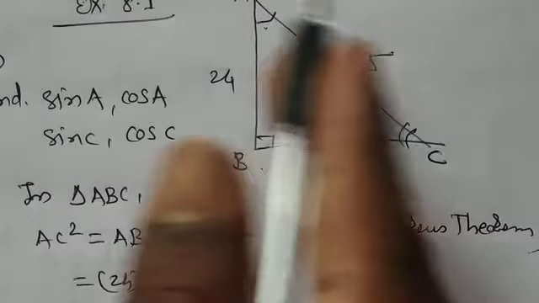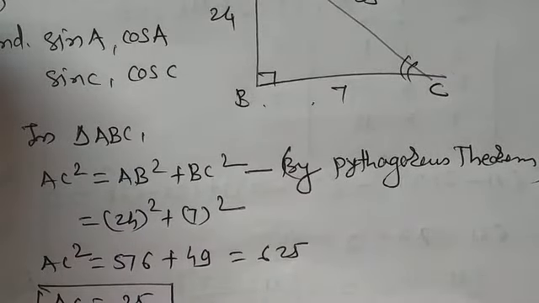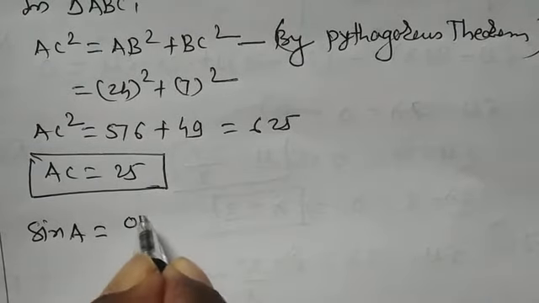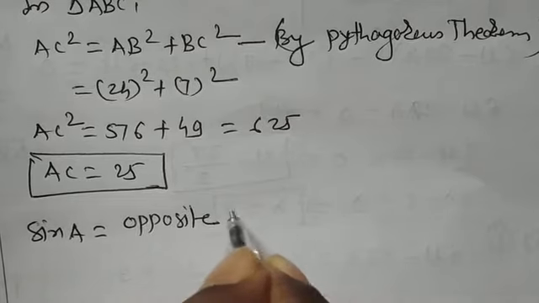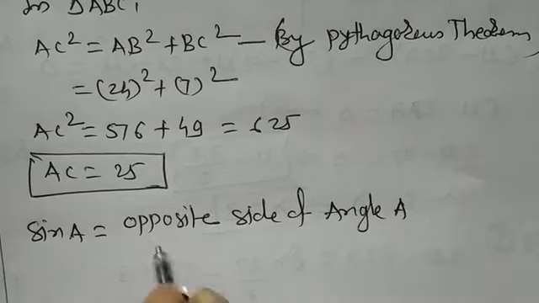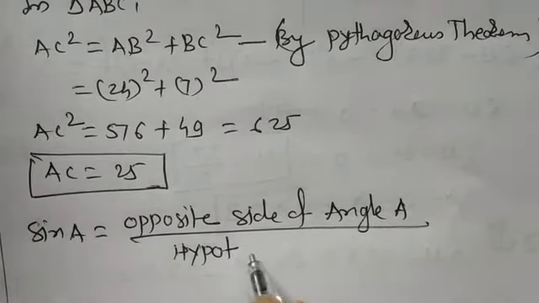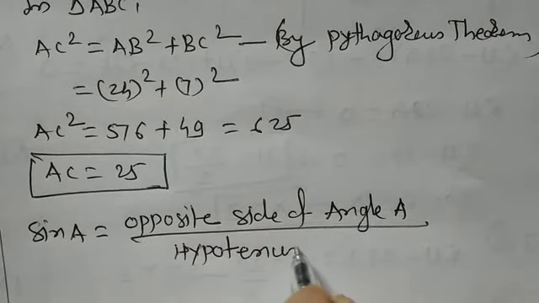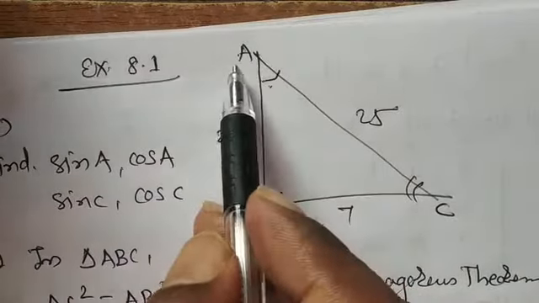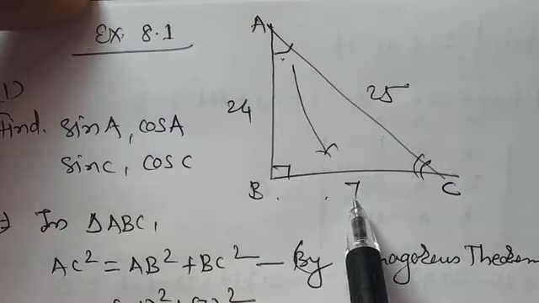Then using this information you can find sin A. What is the formula of sin A? Opposite side of angle A upon hypotenuse. Tell me, where is angle A? This is angle A. What is the opposite side? That opposite side is 7, that is BC.